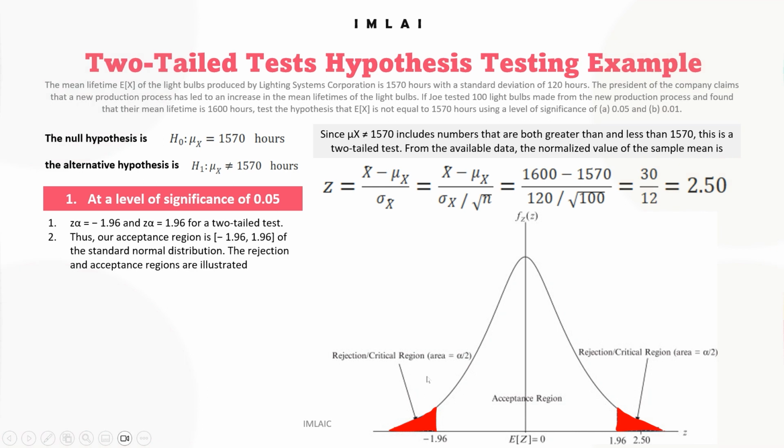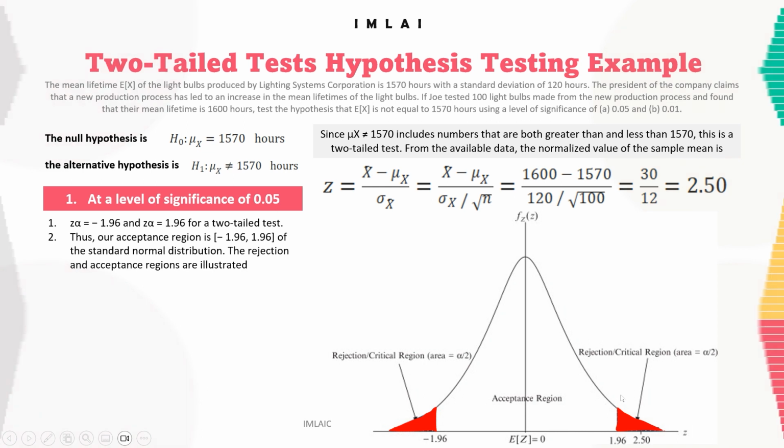These are the critical values, minus 1.96 and plus 1.96, and these areas are called critical regions or rejection regions. You can see that this is 2.5 percent and this is 2.5 percent, total 5.0 percent: 2.5 percent on the left side and 2.5 percent on the right side.